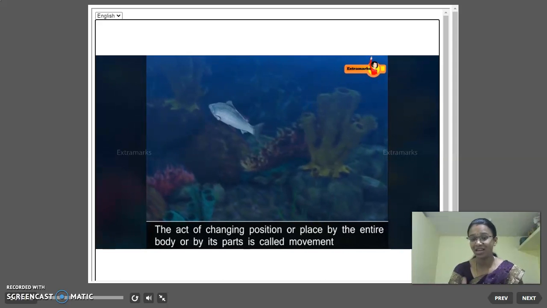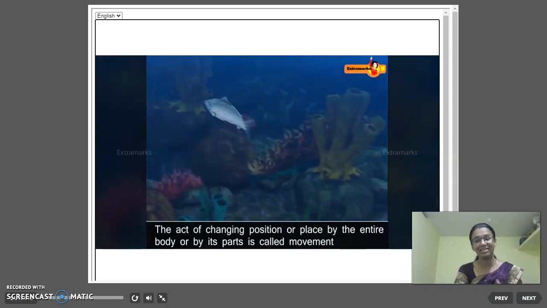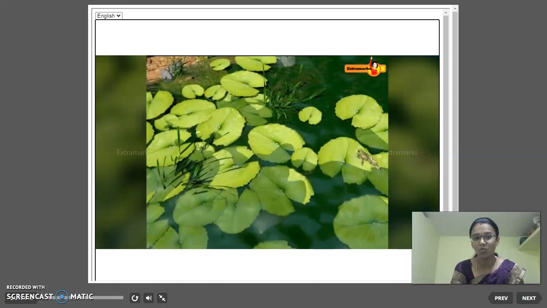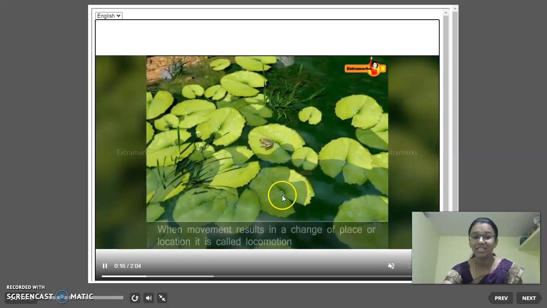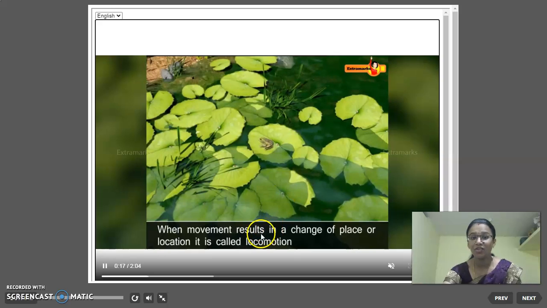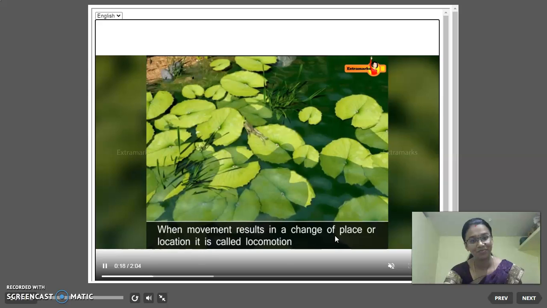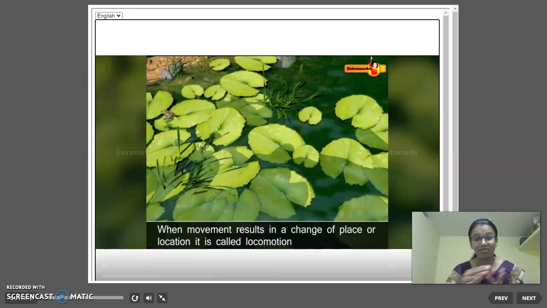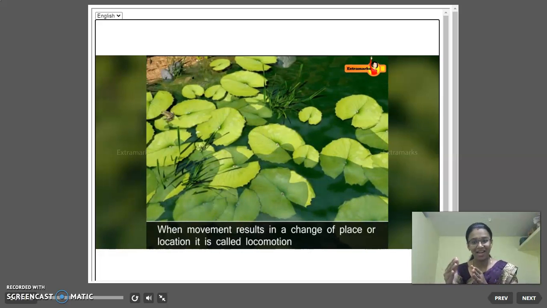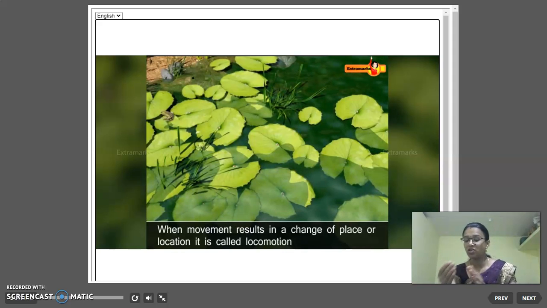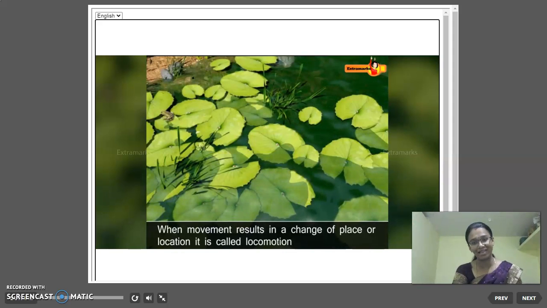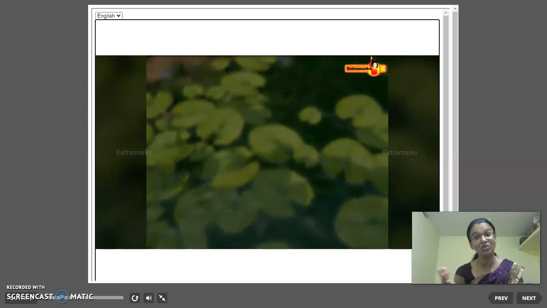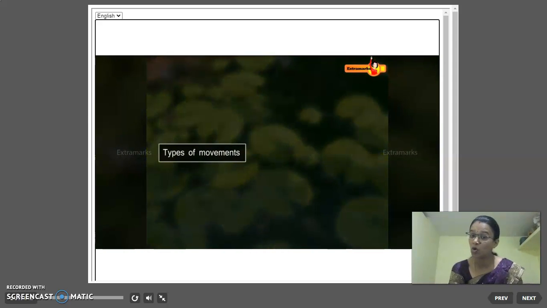But locomotion is movement over some considerable distance. Look at here. What is this frog doing here? When the movement results in a change of place or location, that is called locomotion.